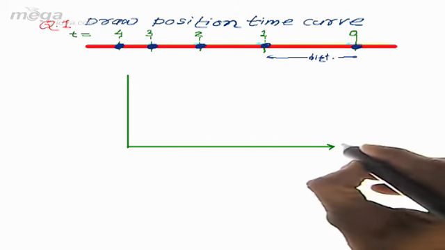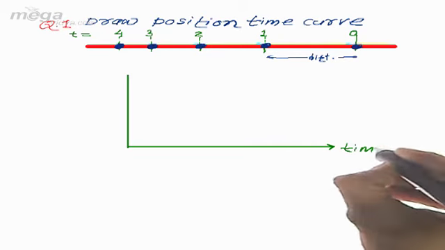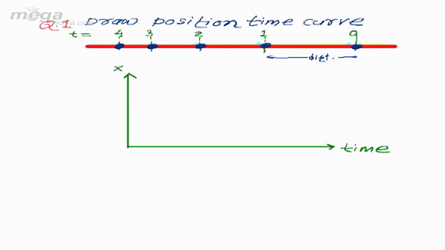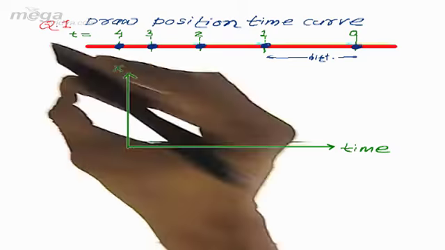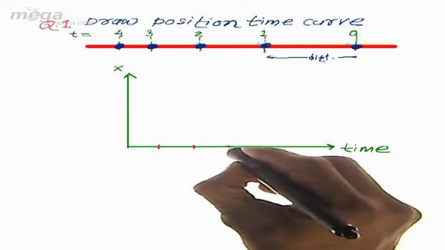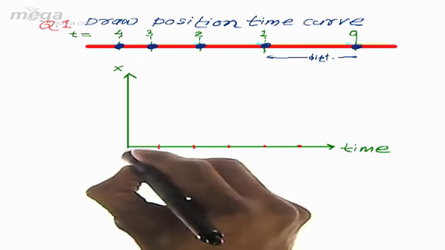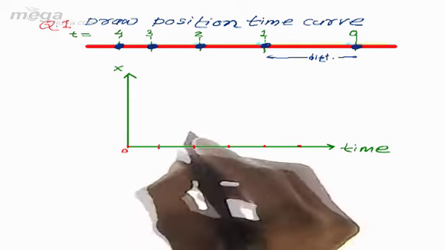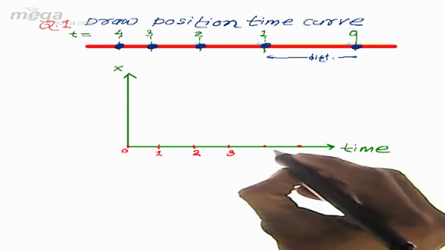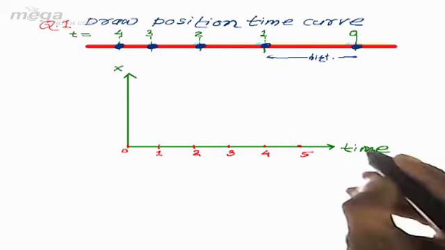So what will we do for drawing the position time curve here? We are taking time on this axis and position x on this axis. Here we have been given only the values of time, so it will be better that I draw equal time intervals on this axis. You can see here the corresponding time is 0, here 1 second, here 2 seconds, 3 seconds, 4 seconds, 5 seconds and so on.